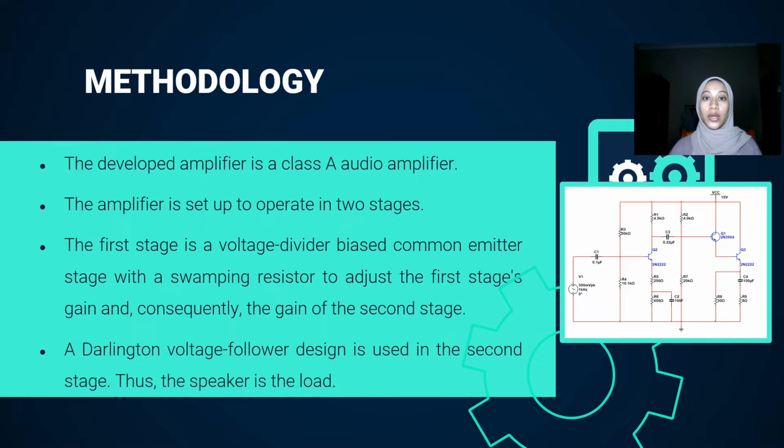The gain required for an amplified signal is provided by the second stage, which is driven by the first stage. In order to reduce distortion as much as possible, this amplifier must be designed with the appropriate values for the resistors and capacitors.